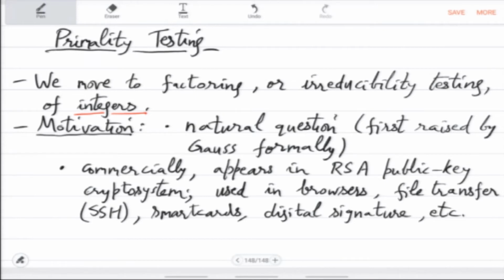So by it I mean both primality testing and integer factoring. So let us start with primality testing.